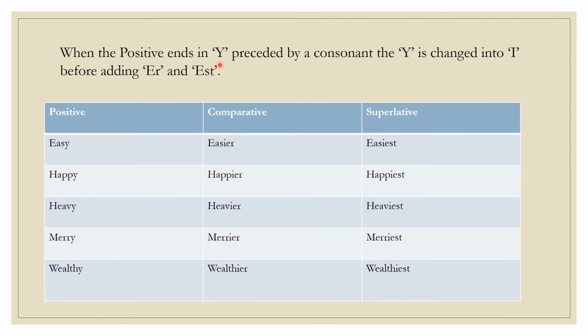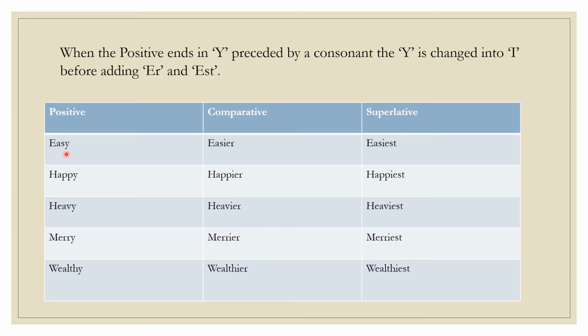When the positive ends in Y preceded by a consonant, the Y is changed into I before adding ER and EST. Look at the following examples. This is the table: positive, comparative, and superlative. So the word in the positive is easy. It ends in Y, E-A-S-Y.